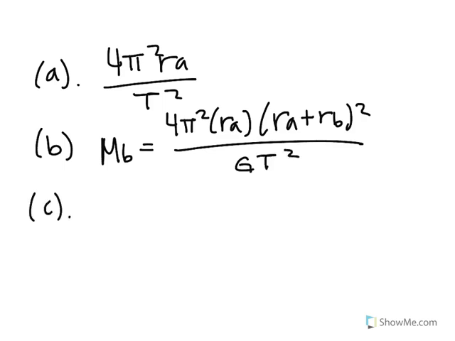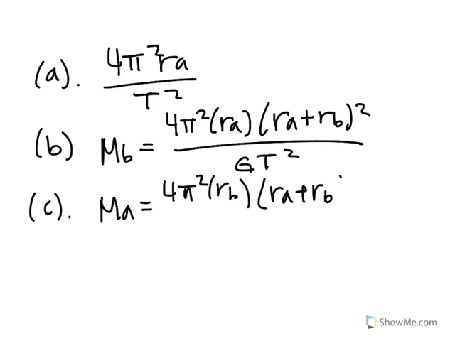For C, MA is equal to 4 pi squared RB multiplied by (RA plus RB) squared over G T squared.